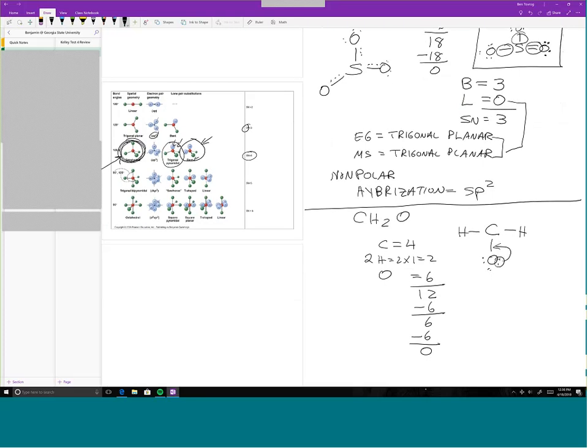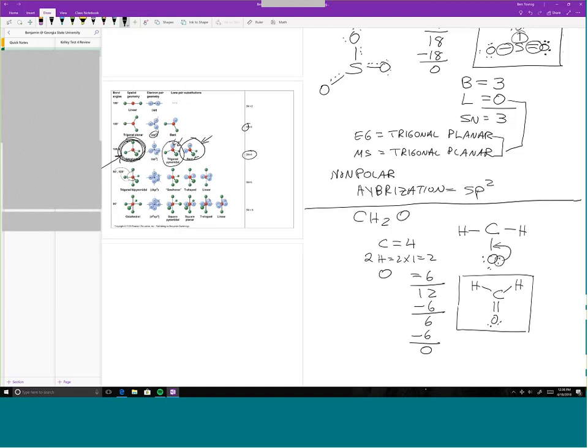We have to rotate a lone pair from the oxygen in to the center atom, and in that way satisfy the octet on the carbon. So there's our Lewis structure for CH2O. This is actually called formaldehyde.